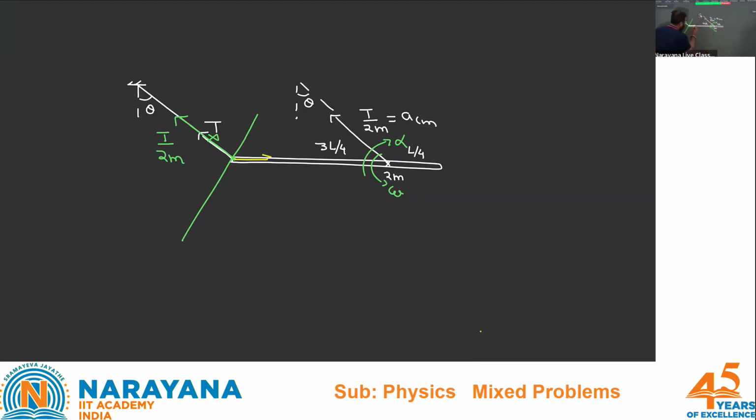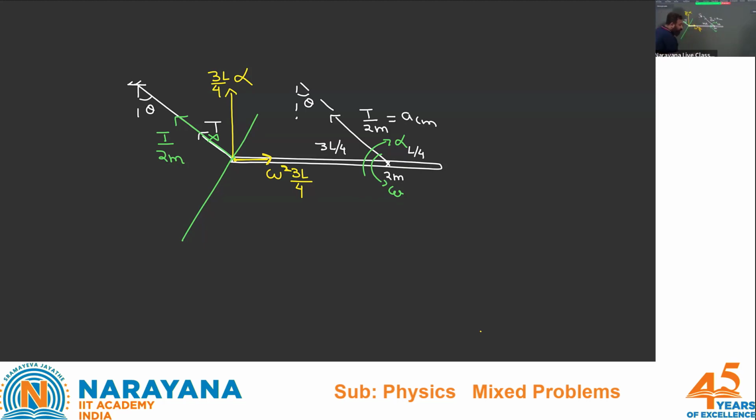One is rightward, which is omega square 3L by 4. Observe carefully. Omega square into 3L by 4 is a centripetal acceleration of this point about center of mass. And there will be one more, which is upward, which is 3L by 4 multiplied by alpha. Right? These two and this. So these are the three accelerations it will have.